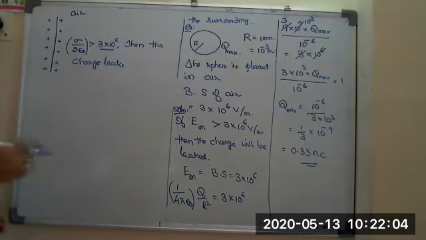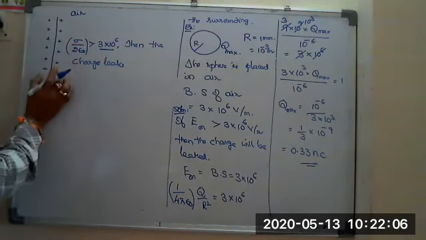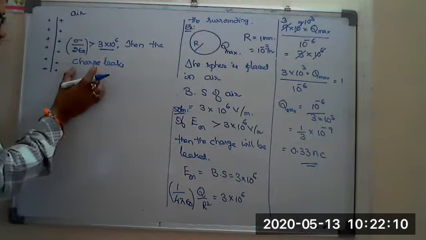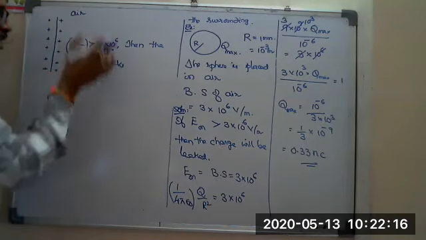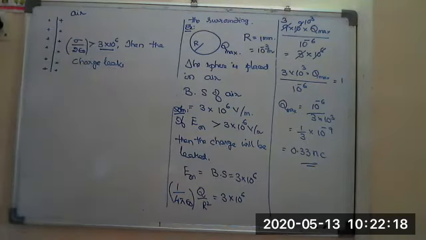So here, if it is a conductor, logically I am thinking that if I change the field intensity, then I may give more charge to the surface. Why?